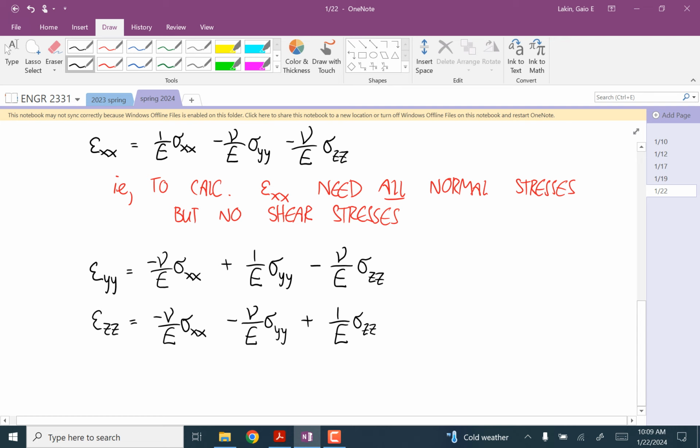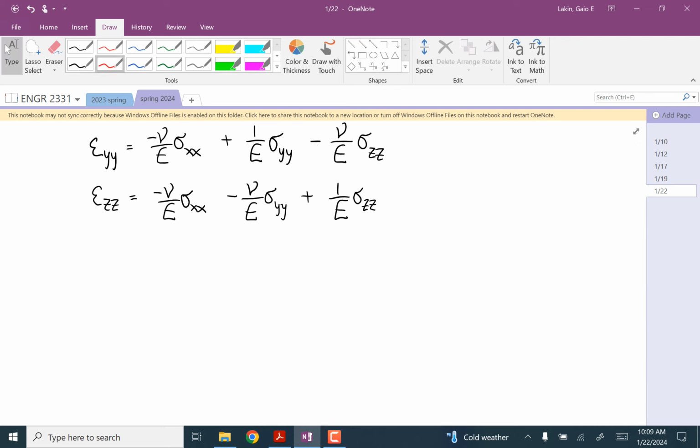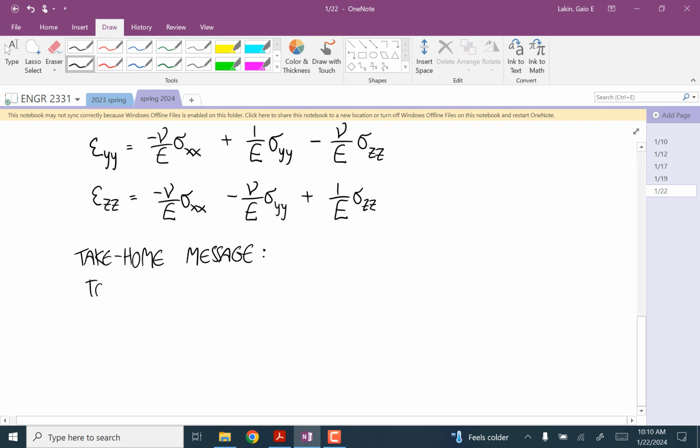Okay, so the take-home message for normal strains is to calculate any single normal strain you need all three normal stresses.